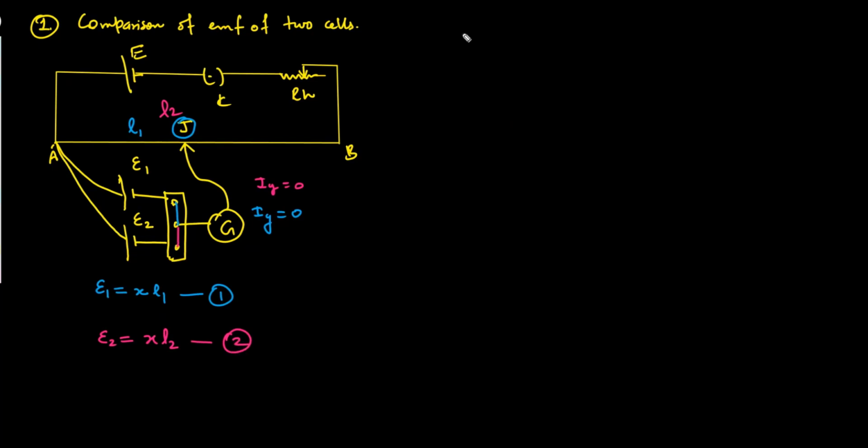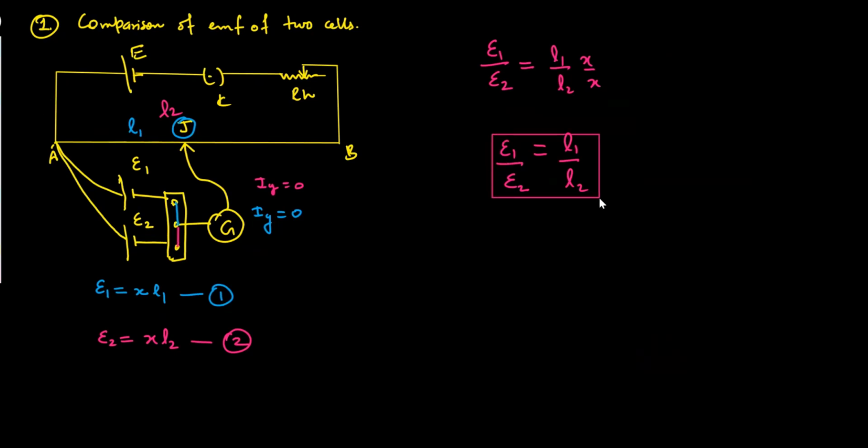Because we want to compare these two, take the ratio: E1 upon E2 equals L1 upon L2, and X will cancel. So finally E1 upon E2 is equal to L1 upon L2. I hope the first application, the comparison of EMF of two cells, is clear. Yes, sir. Okay.